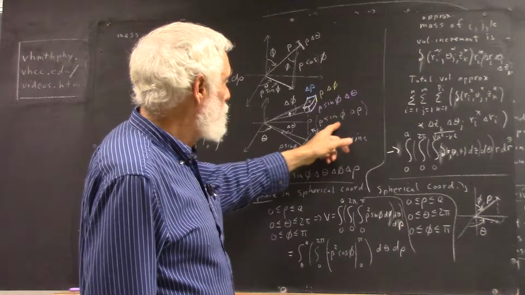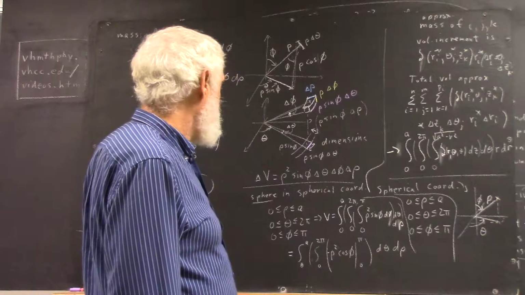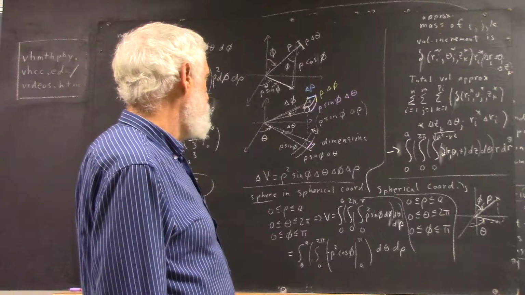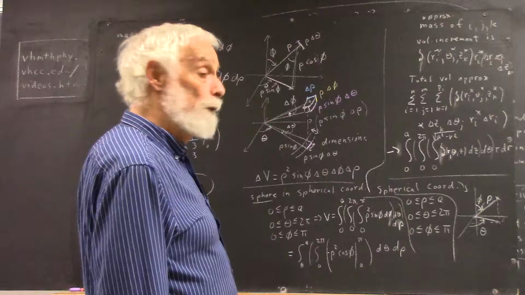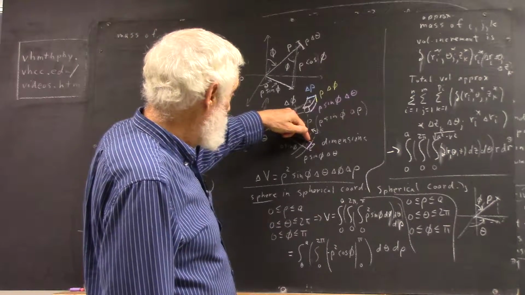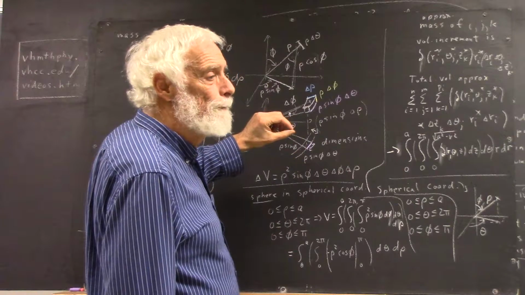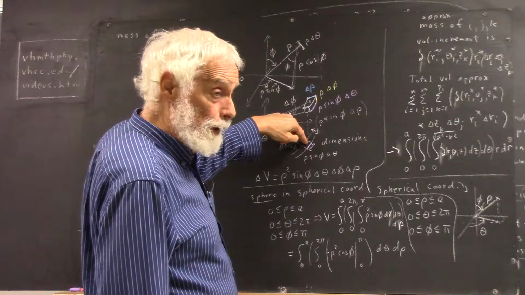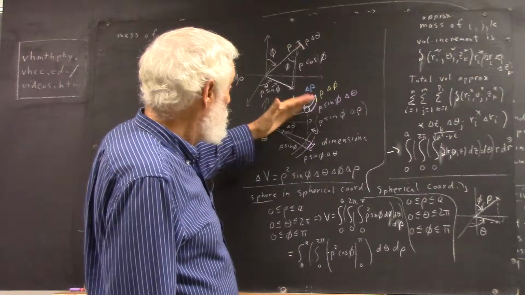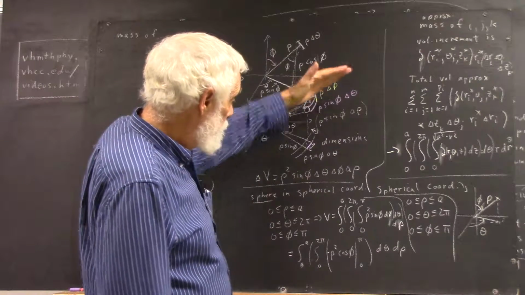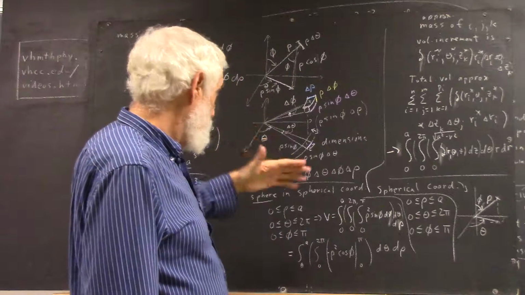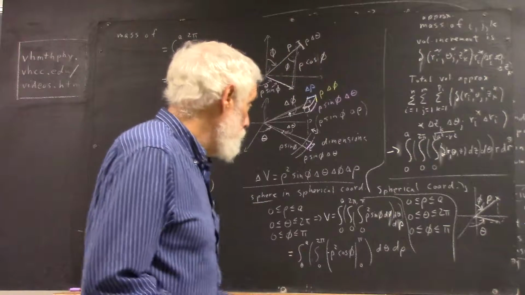I also wrote this rho sine phi delta rho, and it's not important, but it is the other dimension of this little approximate rectangle down in the XY plane. But when you move up here, everything stays in the direction of the rho vector, the line here.